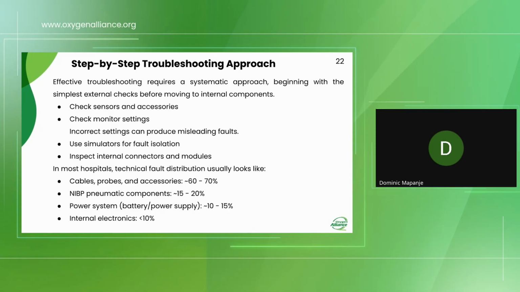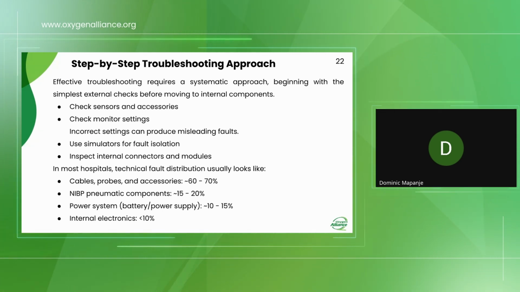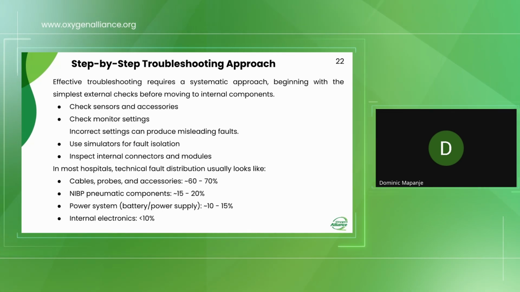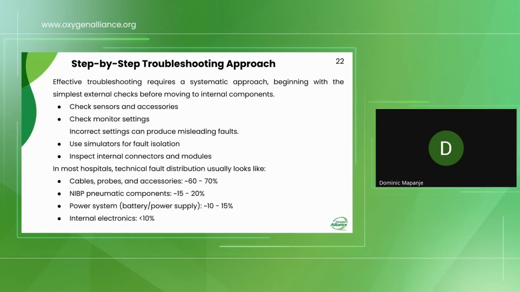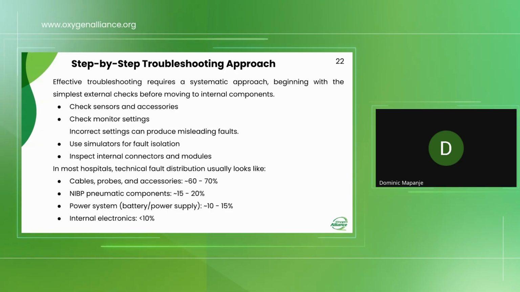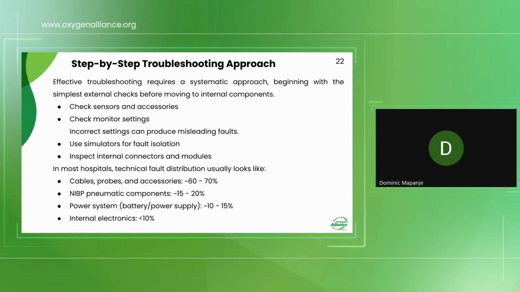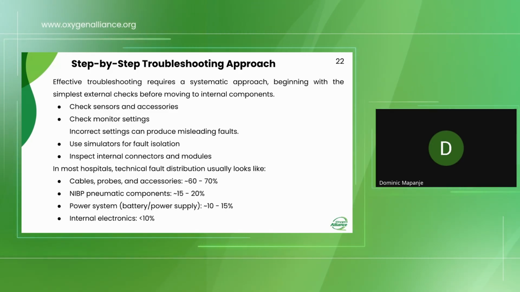We have said that it is estimated that 70% of monitor faults originate from the accessories and not the monitor itself. So it is important that you first check the sensors and the accessories, and then from there, you can go on to check the monitor settings, because sometimes incorrect settings can produce the errors that you are seeing on your monitor.